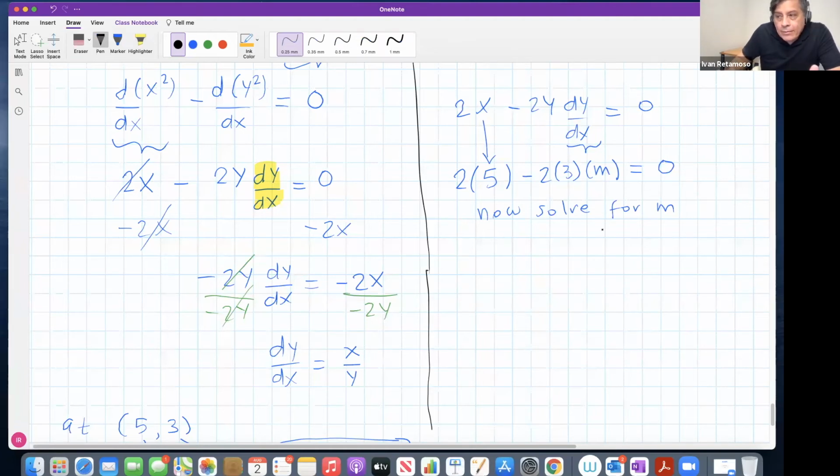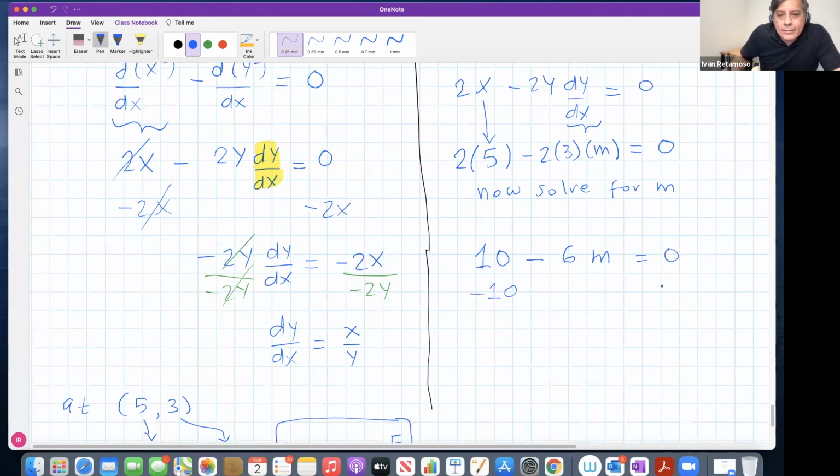And if you do that, you will see that we're going to get the same answer. This is 10. And this is going to be a nice shortcut that's going to help you in your homework and in a lot of exercises. 2 times 3, 6, m equals 0. And here, all you've got to do is solve this for m. So minus 6m equals minus 10, after you cancel these two.